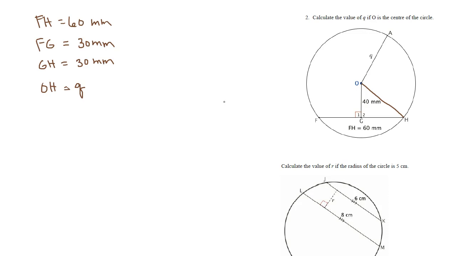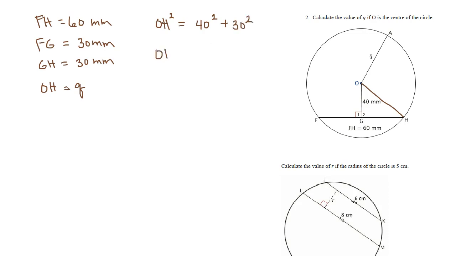The line OA is the distance between O and A. By the Pythagorean theorem, OH squared is equal to 40 squared plus 30 squared.